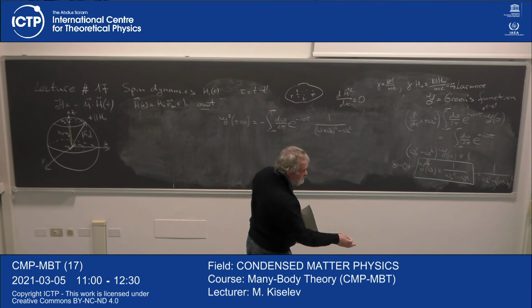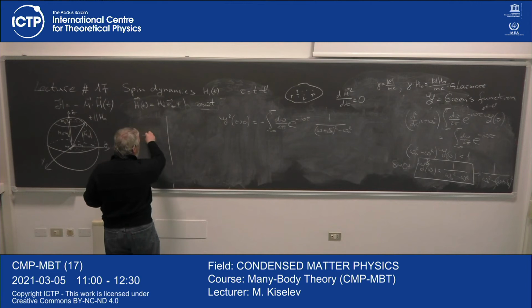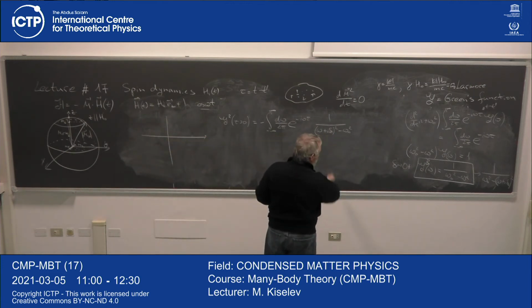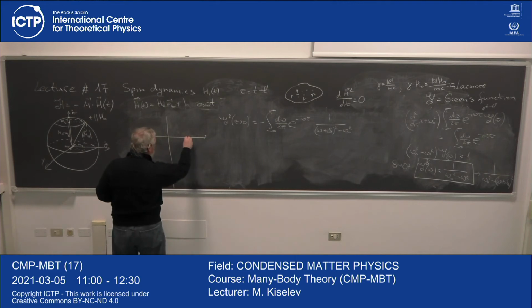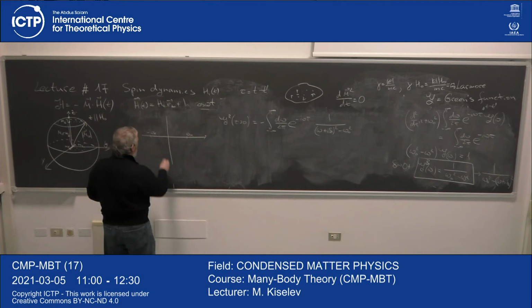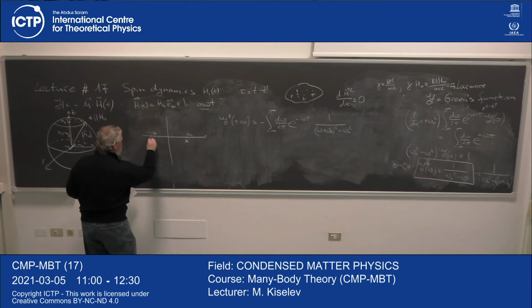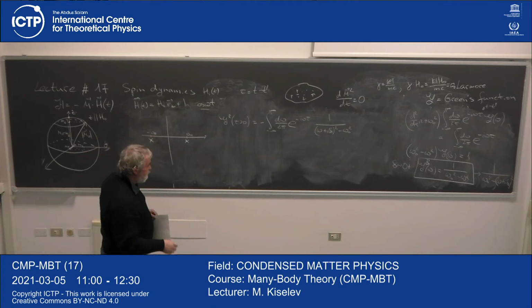I'm going to compute this integral using contour integration. So there are two poles of this function. And as I said, this is omega naught, this is minus omega naught, and what I did, I shifted these two poles a little bit into the lower half plane.